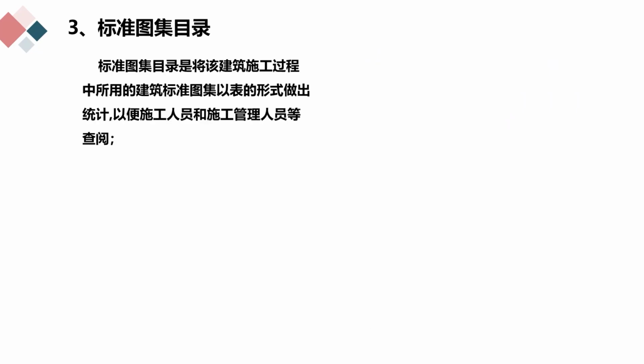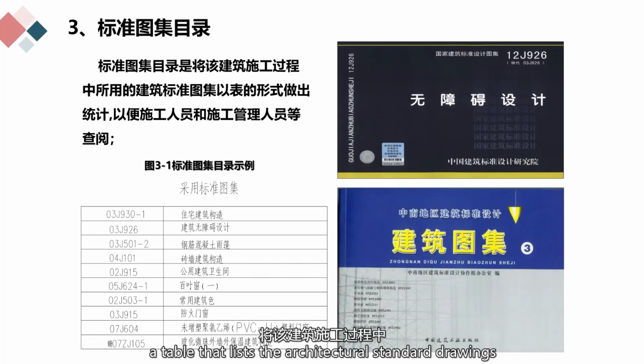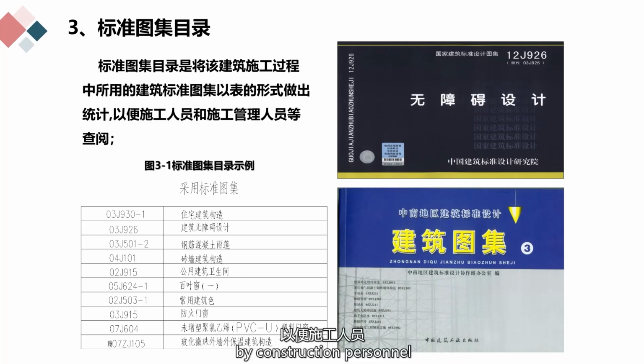Third, Standard Drawing Collection Catalog, as shown in the figure. The Standard Drawing Collection Catalog is a table that lists the architectural standard drawings used during the construction process for the purpose of easy reference by construction personnel and construction managers.